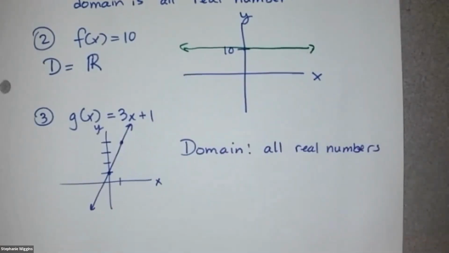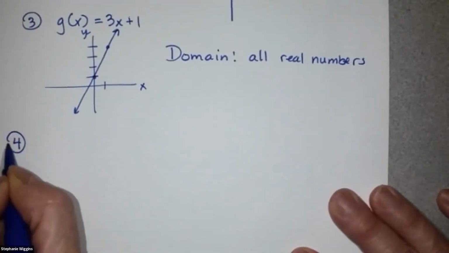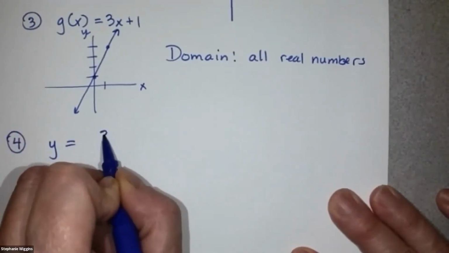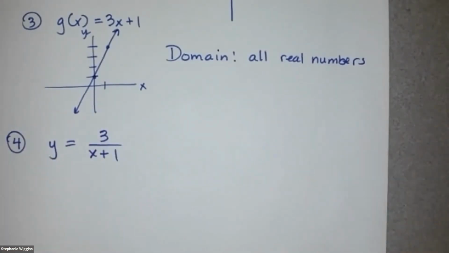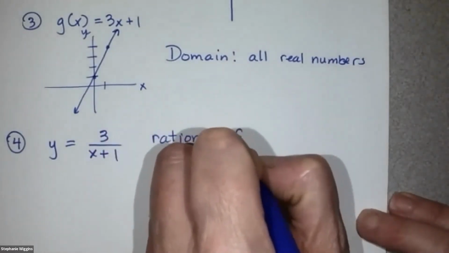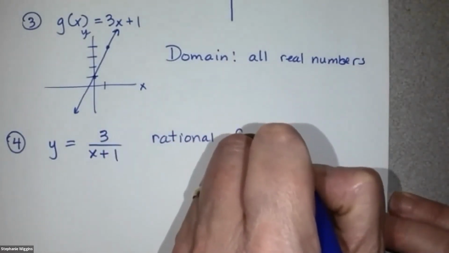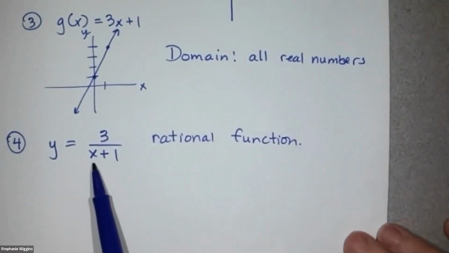All right, now what if you have a function like this? Y equals 3 divided by x plus 1. This is not a polynomial. This is a rational function. There's a problem with the variable being in the denominator.